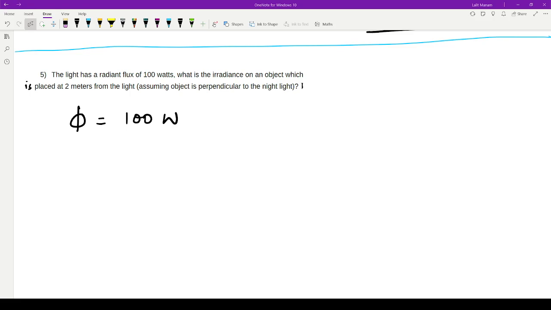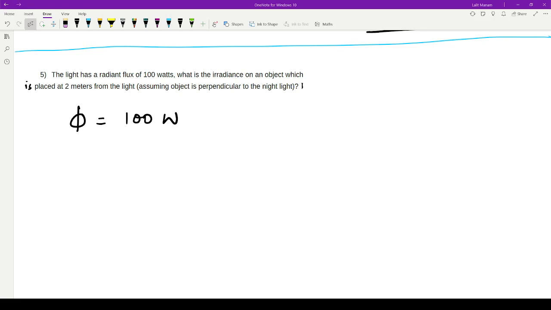One person is having some issue with the microphone, it seems, I'm not able to hear. Radiant flux per unit area.